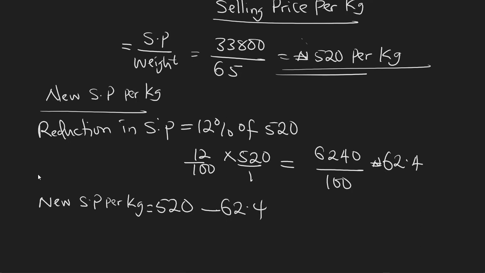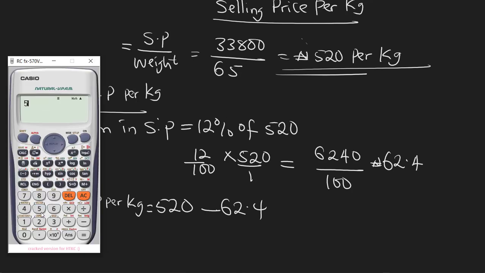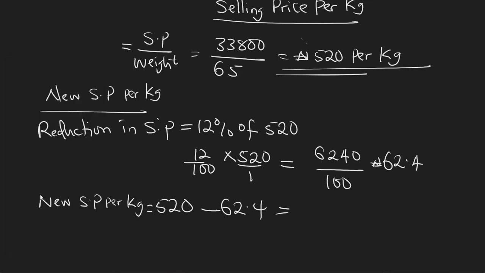So if we subtract it, 520 minus 62.4 is equal to 457.6. That's 457 naira 60 kobo. So that's the new selling price per kg. Okay, so let's see the next question.